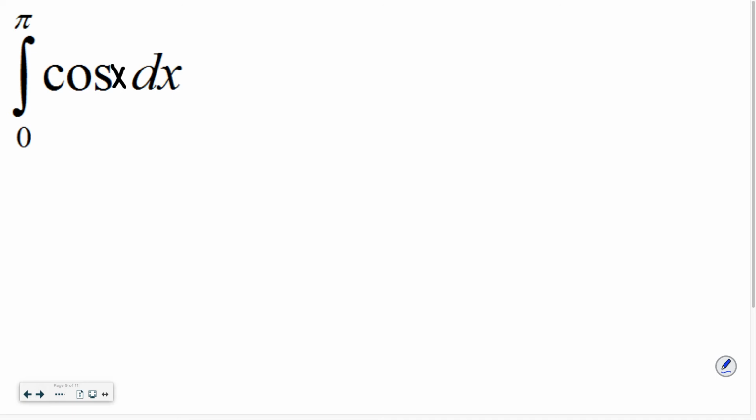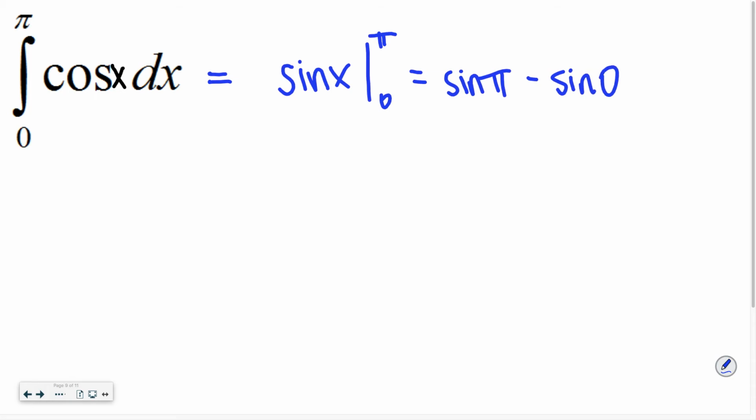Okay. What's the antiderivative of cosine? Sine. I'm hearing whispers of, is it negative, is it positive? Because the derivative of sine is cosine. So we have the sine of pi minus the sine of 0.